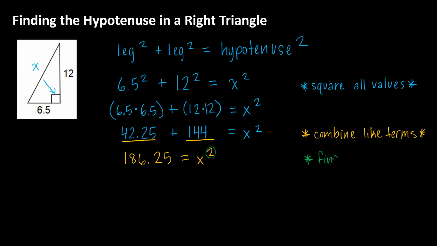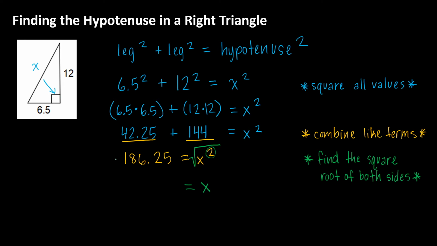So next instruction here, find the square root of both sides. So remember that we use the radical symbol, looks like this, to take the square root or find the square root. So we're taking the square root of x squared, which is going to cancel out and give us x.